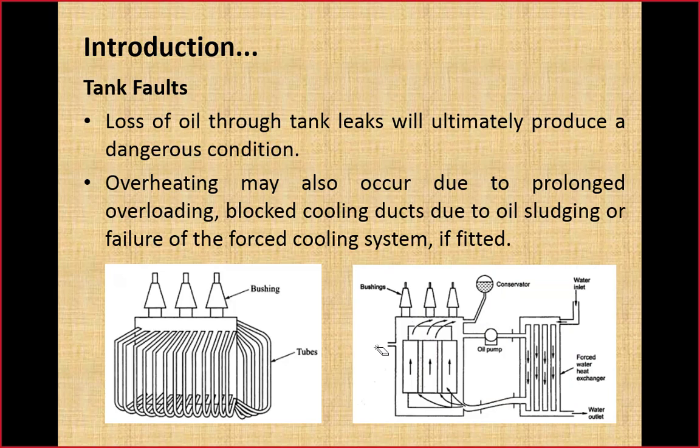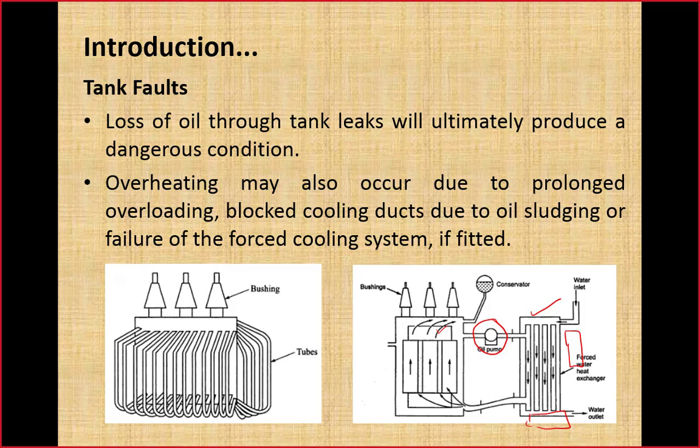And here we can see another cooling mechanism, where between these tubes and the transformer tank an oil pump has been installed, and sometimes fans are installed over here or at the bottom of these tubes.